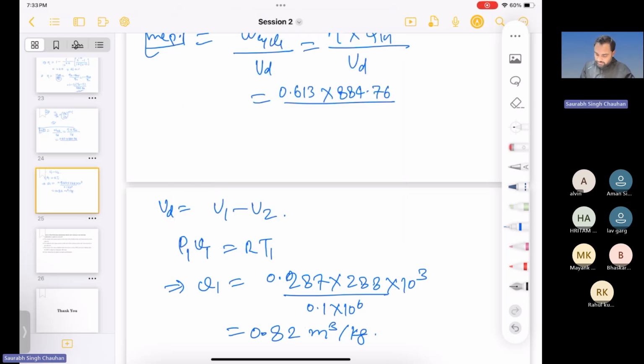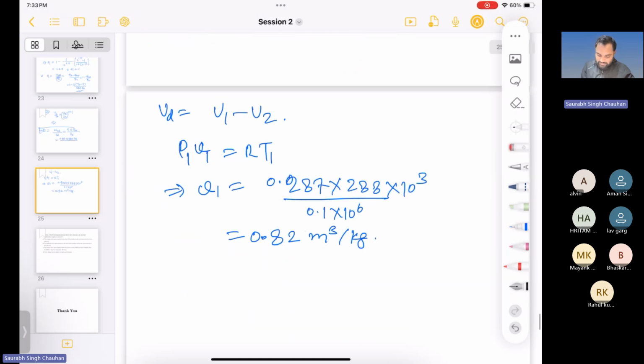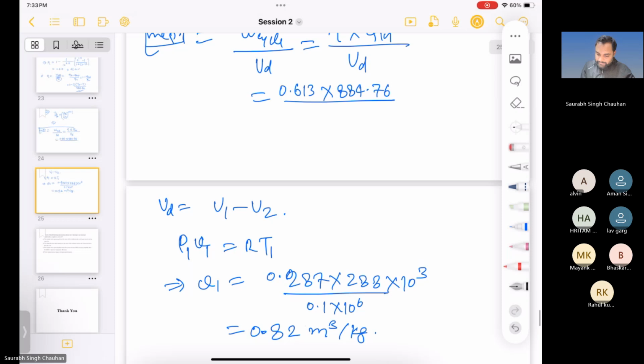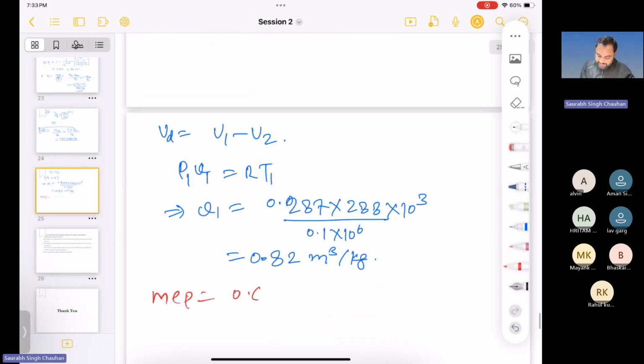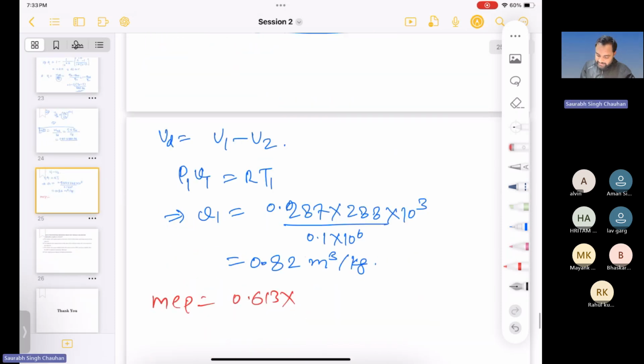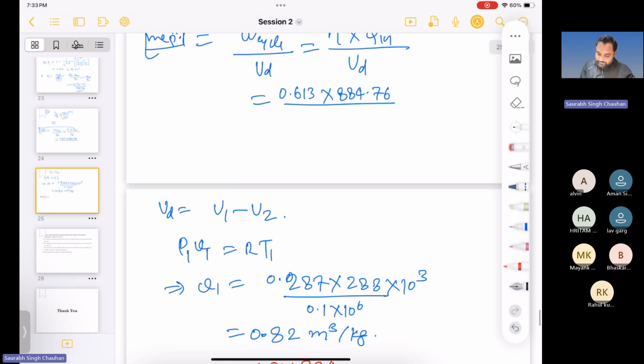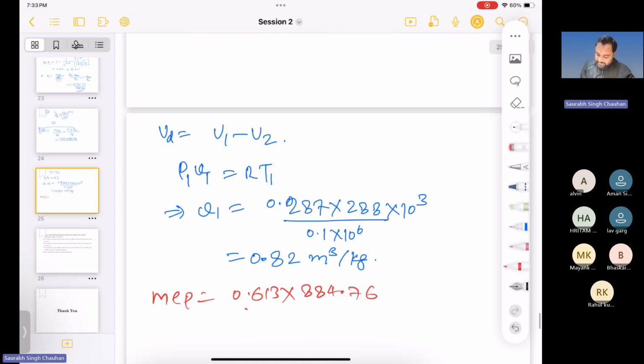Okay, so now you have displacement volume, so now you can find MEP. So MEP will be 0.613, this is efficiency, multiplied by 884.76 divided by 0.82, so this will be in kilopascal perhaps.